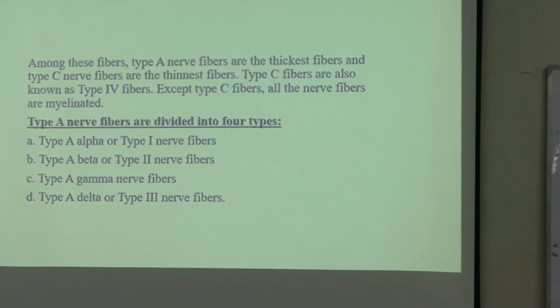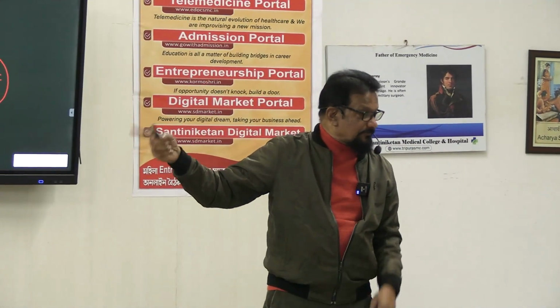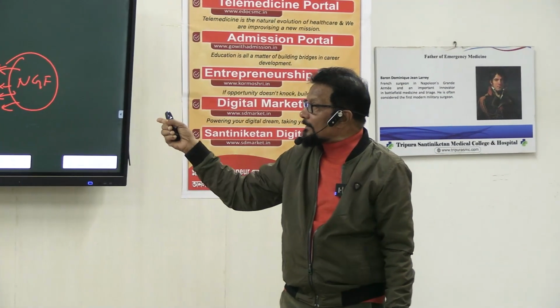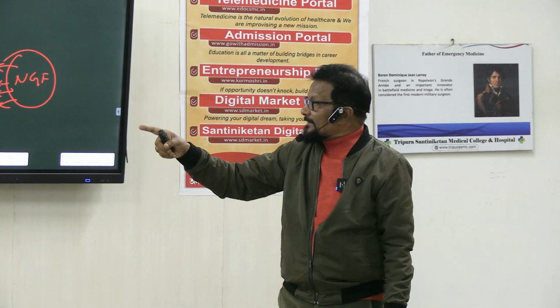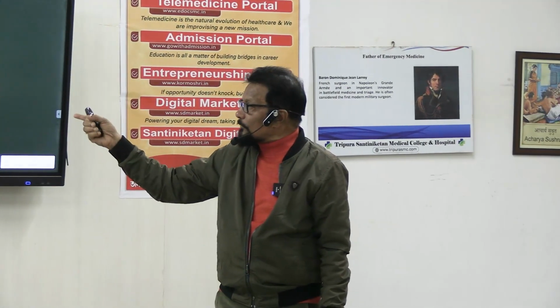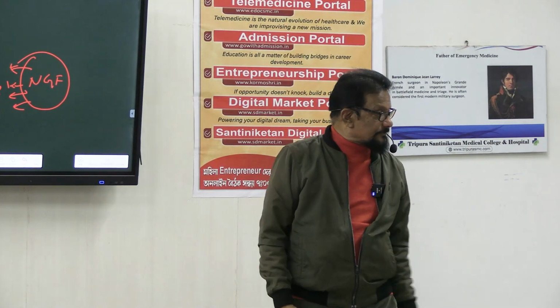In the previous slide we saw type A, type B, type C. Now type A is again of various types: alpha, beta, gamma and delta. Alpha is also called type 1 nerve fibers, A beta is also called type 2 nerve fibers, and A delta is also called type 3 nerve fibers.